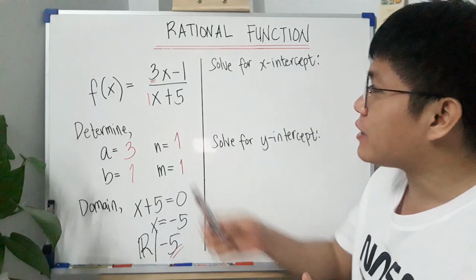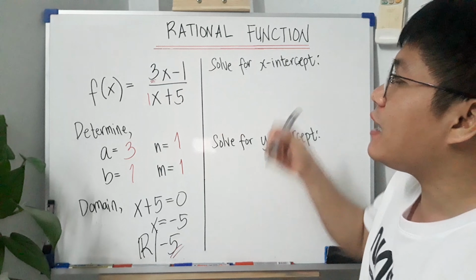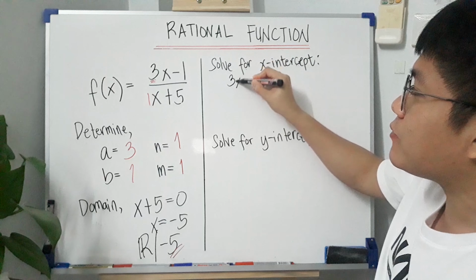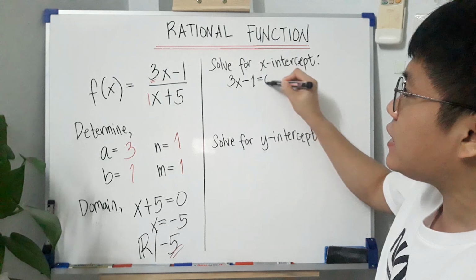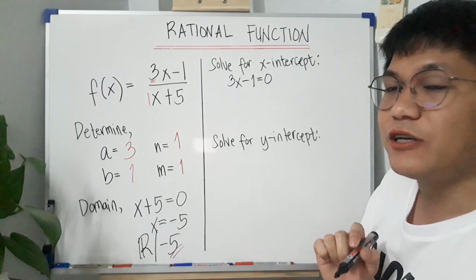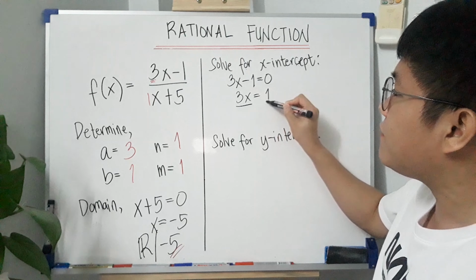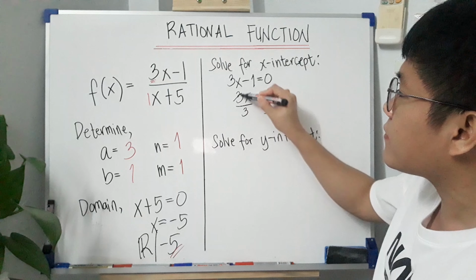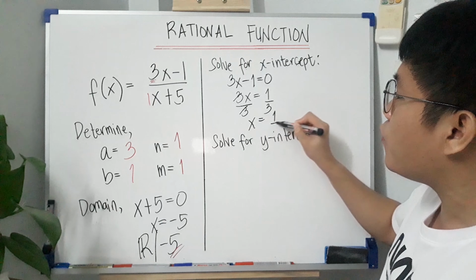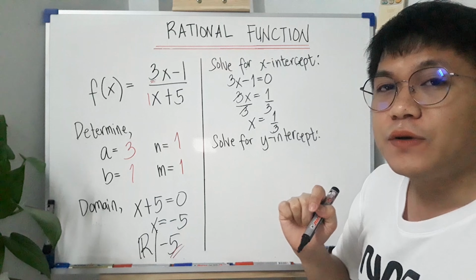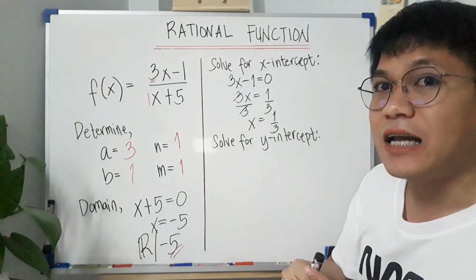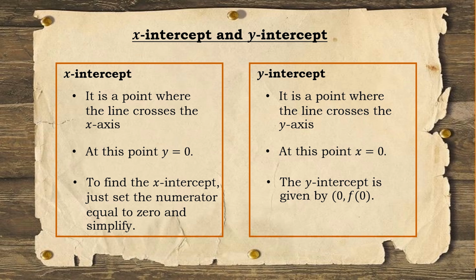That means 3x minus 1 equals 0, and then solve for the variable x. We have 3x is equal to positive 1, divide both sides by positive 3, which means x is equal to 1/3. As we all know, in the x-intercept, y is equal to 0. Therefore, our x-intercept is the ordered pair 1/3, 0.